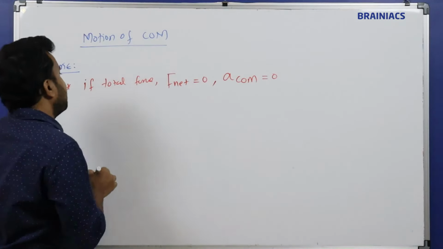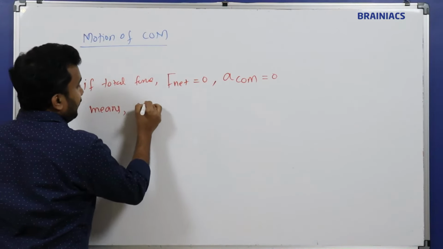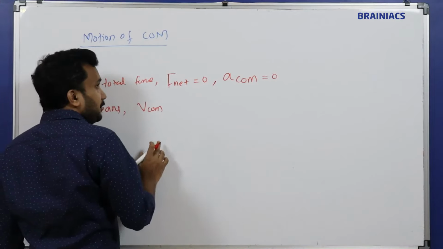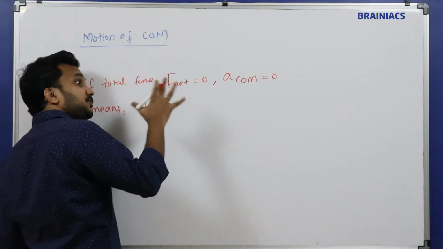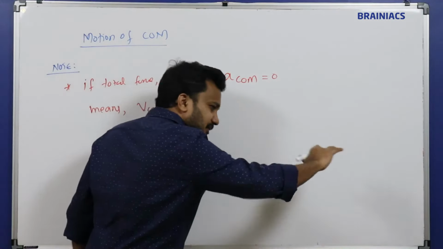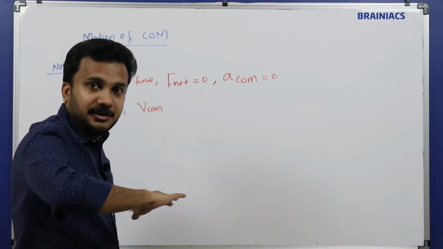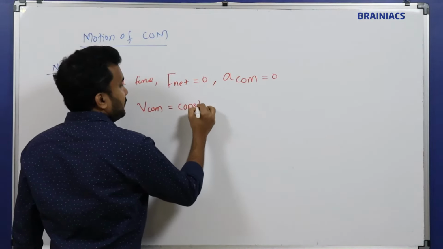Acceleration 0 means what? Rate of change of velocity is called acceleration. So velocity is not changing, constant speed. The acceleration will be 0 and the velocity will be constant.